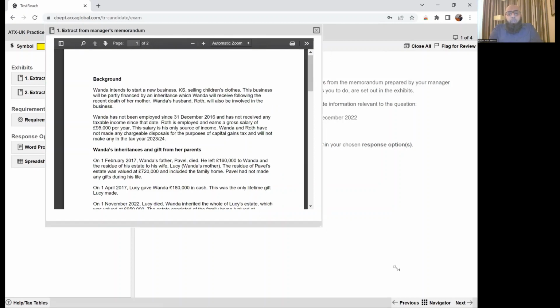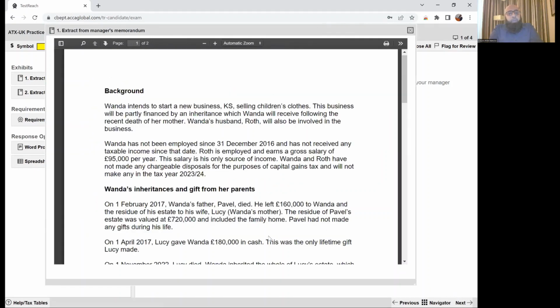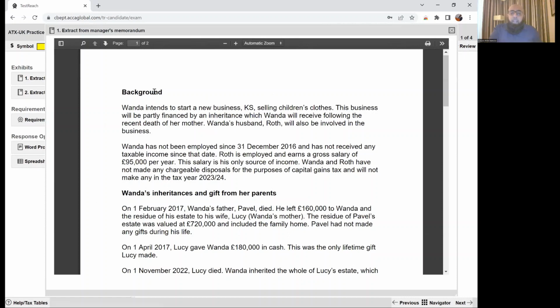I want you all to concentrate and listen to me very carefully. Background. Venda intends to start a new business, KS, selling children's clothes. The business will be partly financed by an inheritance which Venda will receive following the death of her mother. Venda's husband, Roth, will be involved in the business.